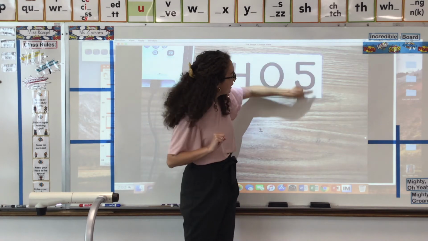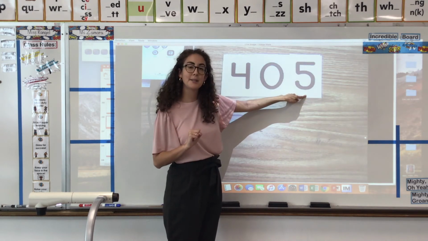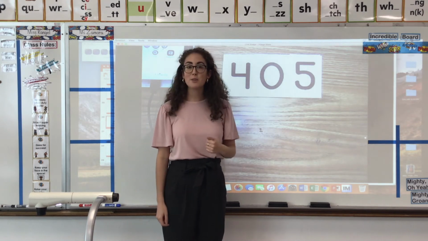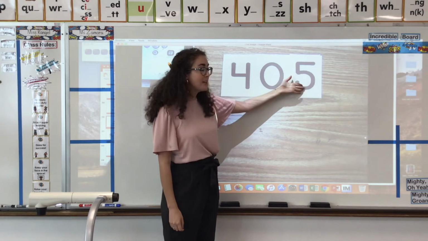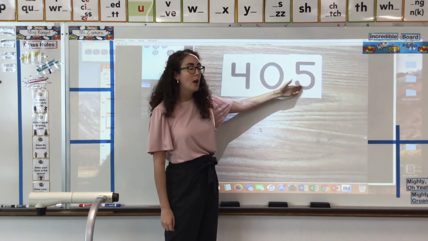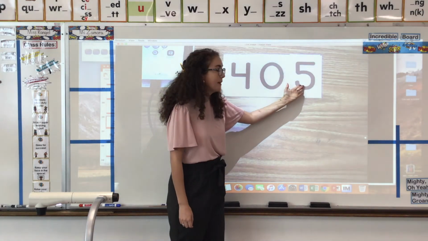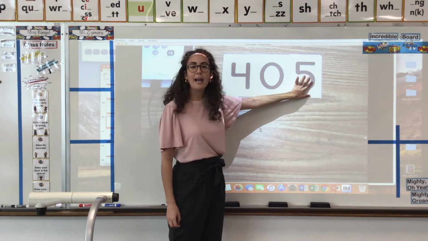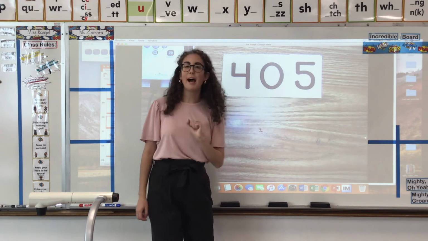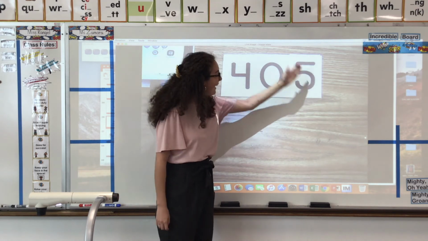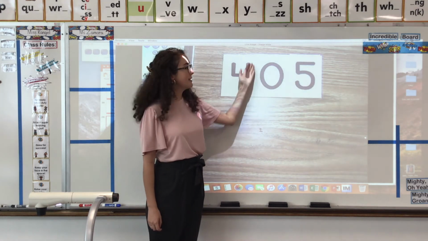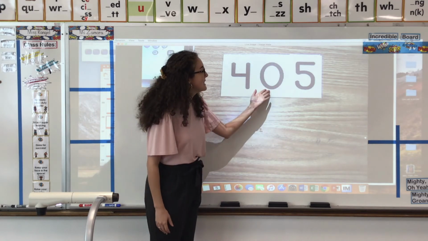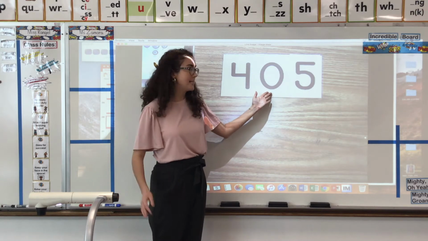5 is in what place? The ones place, since it's all the way to the right. The digit 5 is in the ones place, so the value is 5. Exactly. This 5 represents just 5. Okay, awesome. And this digit is 0. Good job. The 0 is in what place?